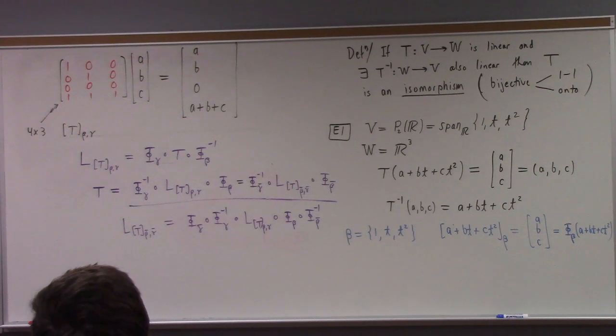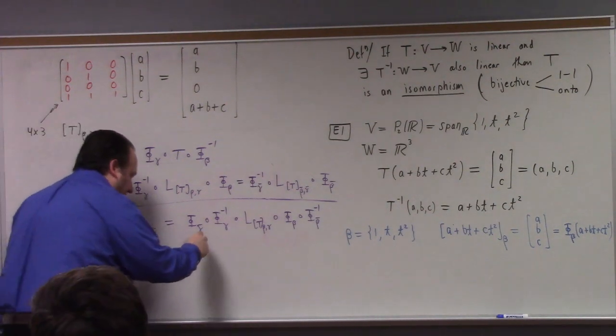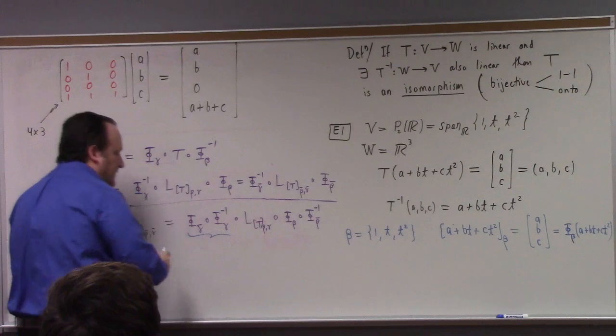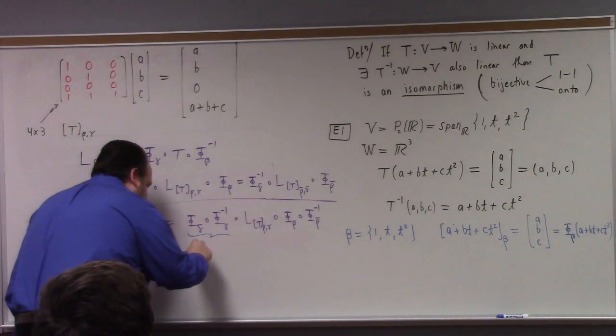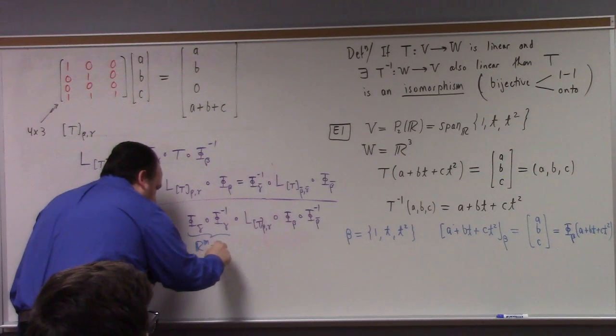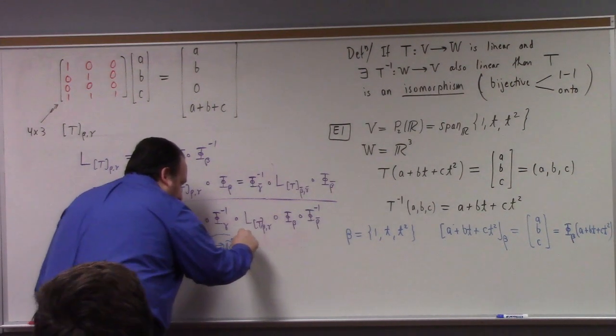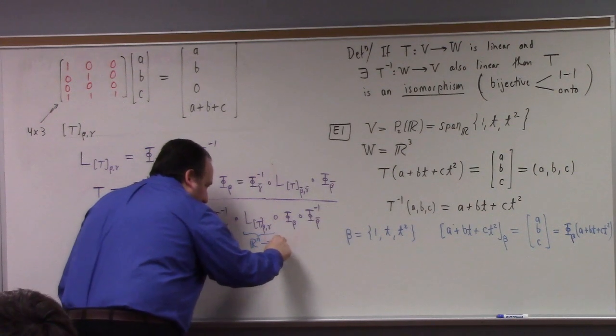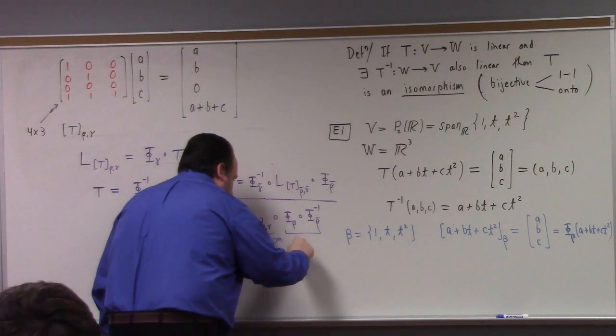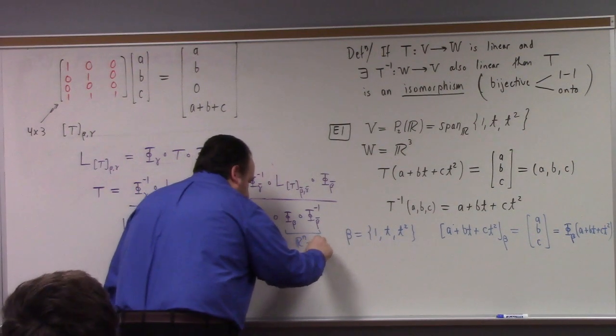But what you're looking at now is a composite. So let me just recap what's going on here. This is in fact a linear transformation from Rm to Rm. This right here is going from Rn to Rm. And this guy right here is going from Rn to Rn.